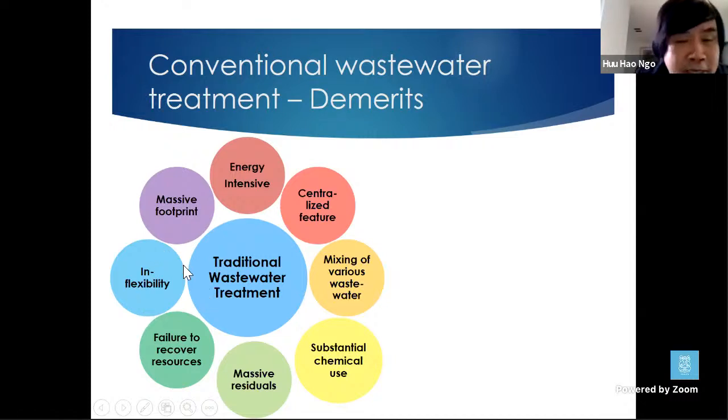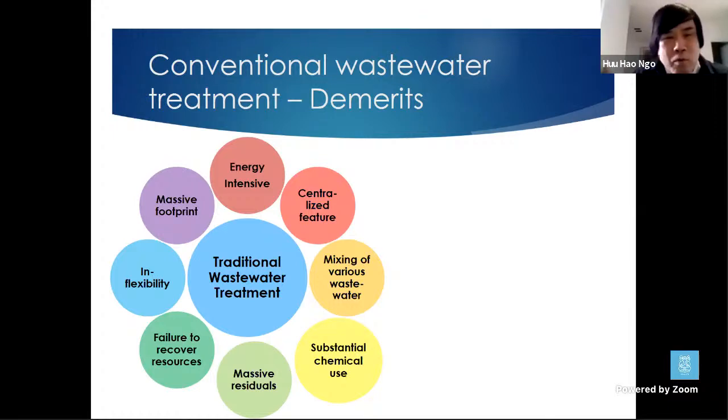Why do we say inflexibility? Because it's a long process, and for example 500 people, 5,000 people, 50,000 people, 500,000 people, it's not flexible when we design like that, because of the bioreactor, especially the HRT, the hydraulic retention time, and the volume.